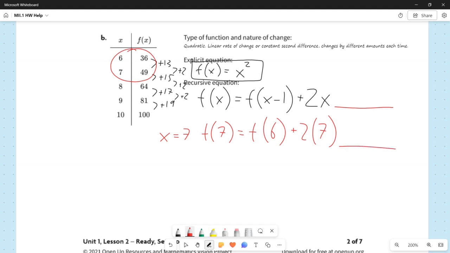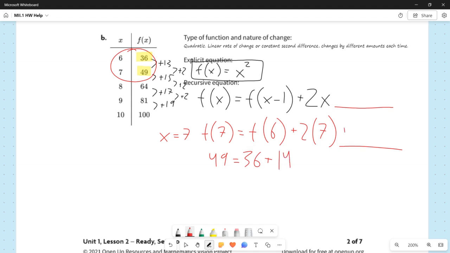And then again, we still have this sort of missing piece. Now, if you take a look at our table, we know what f of 7 is. f of 7 is 49. So we can say 49 equals f of 6, well, f of 6 is 36. It's right there. So 36 plus 2 times 7 is 14.